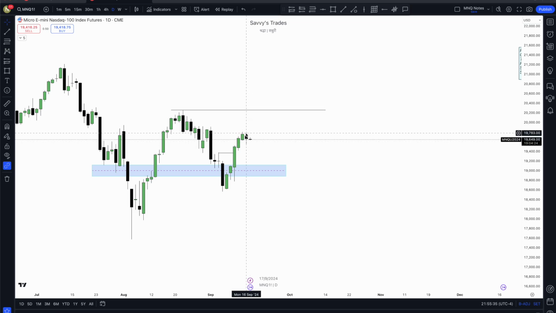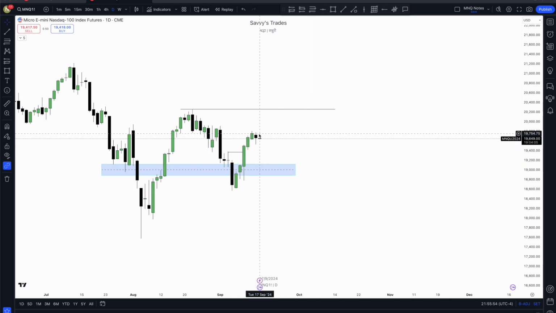Today is Monday, the 16th, and this is the candle that has already been printed. The next candle that you see is for tomorrow, and that is right now in progress. But we are focusing mainly on this bearish candle, which was today's daily candle.